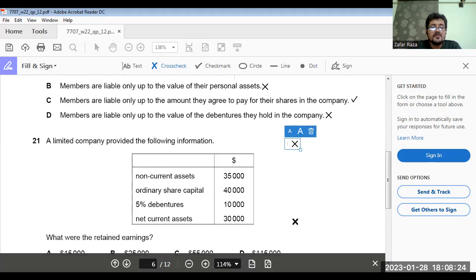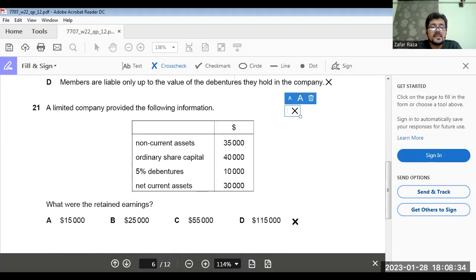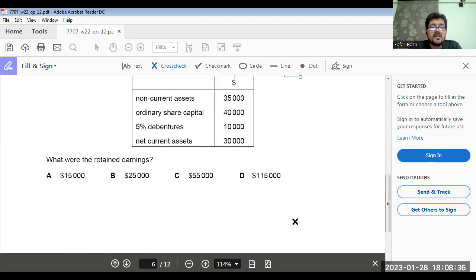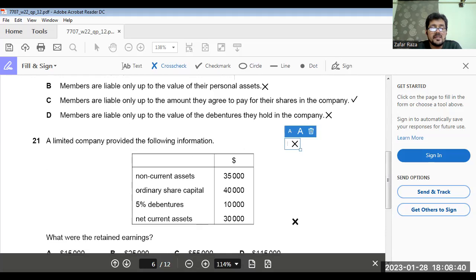Now 21. A limited company provided the following information: non-current assets, ordinary share capital, debentures, net current assets. What were the retained earnings? See, in this question, if we add non-current assets and net current assets, we will get capital employed.